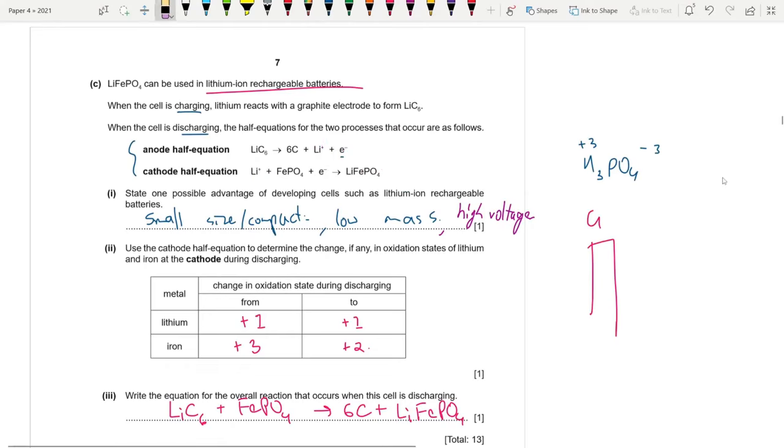At the cathode. So we're looking at this essentially. Lithium and iron. So lithium is +1 over here. Phosphate is -3, right? So iron needs to be +3. Now over here, phosphate is -3. Now lithium has only one possible state, okay? It's +1.